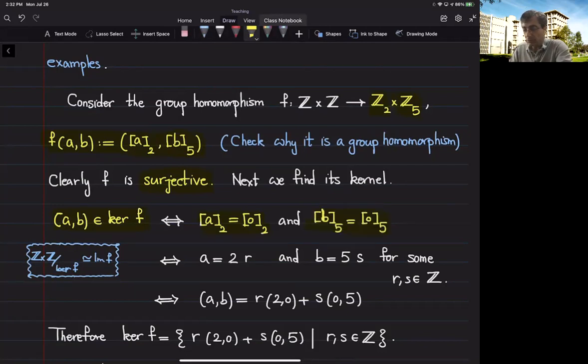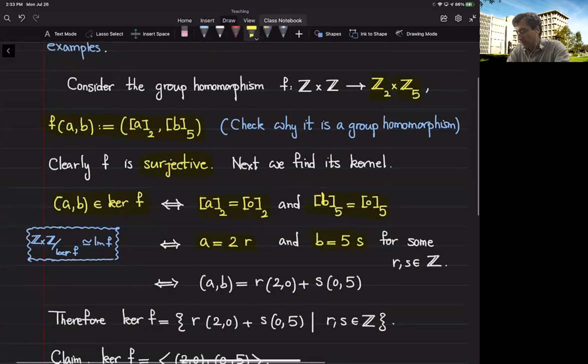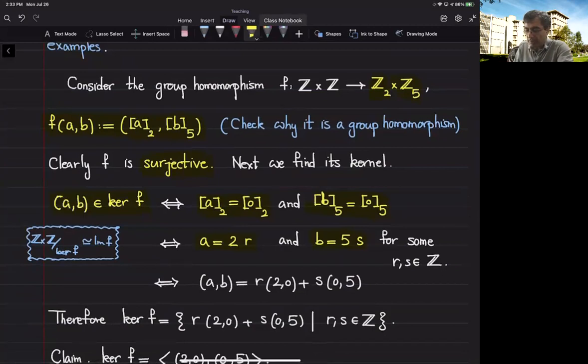And notice, in general, the residue class of A mod n is the residue class of 0 mod n if and only if n divides A. So in this example, A should be a multiple of 2 and B has to be a multiple of 5. That means the pair A comma B belongs to the kernel of F precisely when A comma B can be written as an integer linear combination of the vectors 2 comma 0 and 0 comma 5.